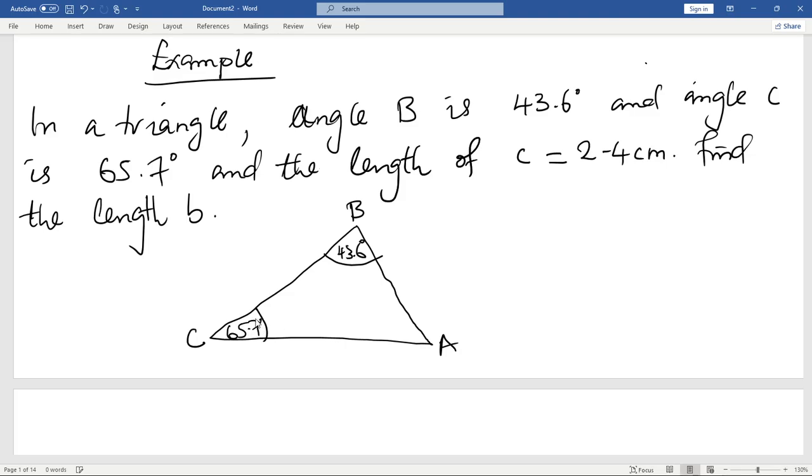Let me swap the letters B and C so that the angles look a bit realistic.